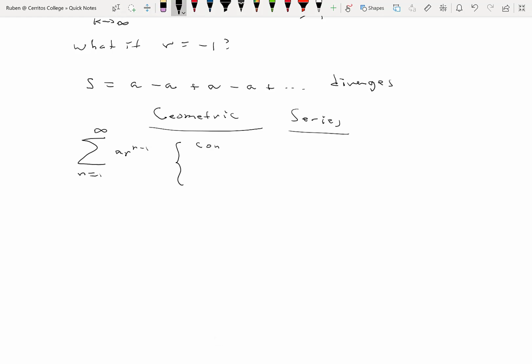It converges to A over 1 minus R if the absolute value of R is less than 1, and diverges otherwise. Diverges if the absolute value of R is greater than 1.